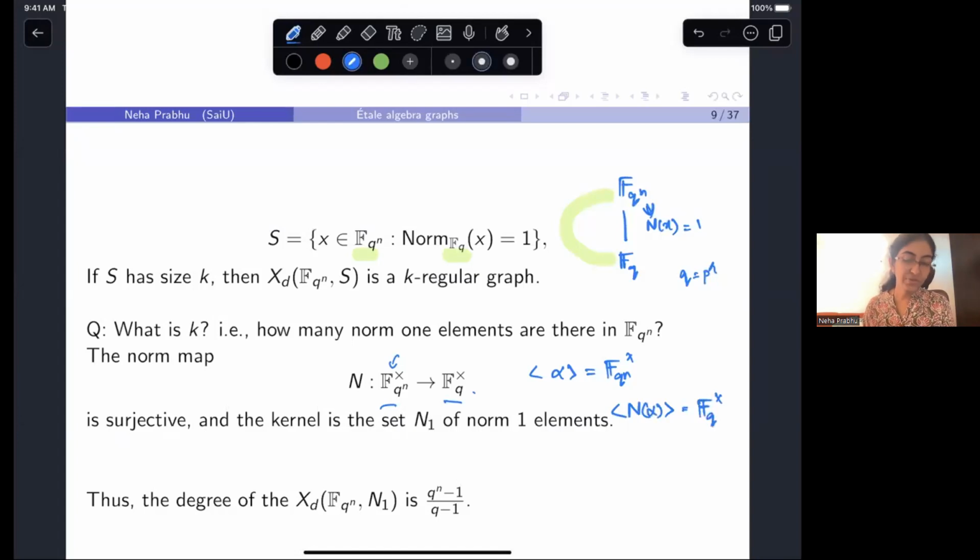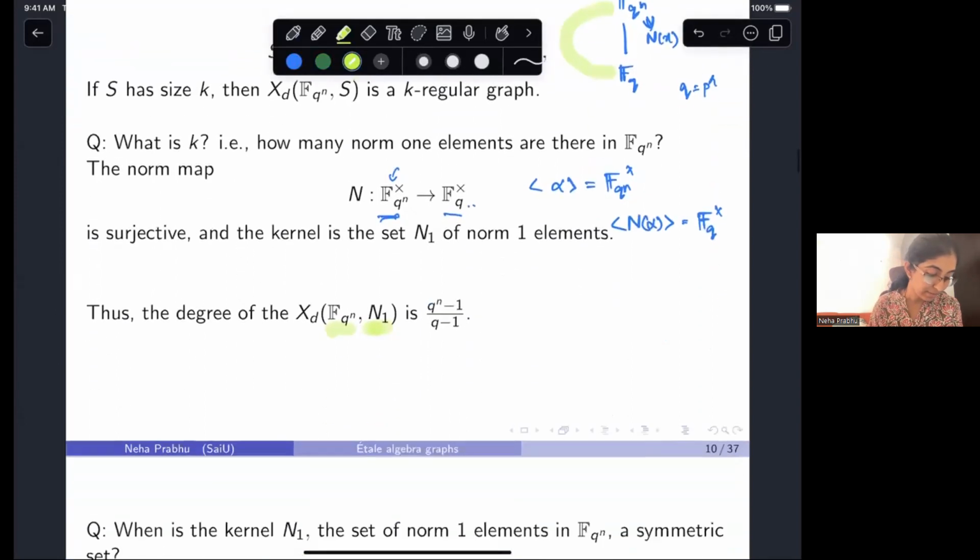And so this will tell you that this norm map is surjective, and then use the first isomorphism theorem. The kernel is the set of norm 1 elements, so the size of the kernel is just the size of this group divided by the size of the image, which is Q to the N minus 1 divided by Q minus 1. So great, we know the degree of this graph now. And I will denote N1 to be the norm 1 elements sitting inside FQ^N. Okay, so all well and good.